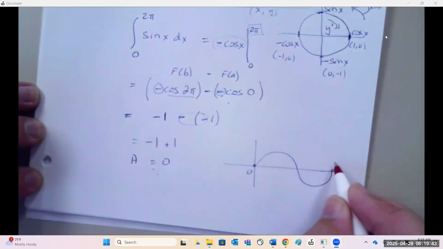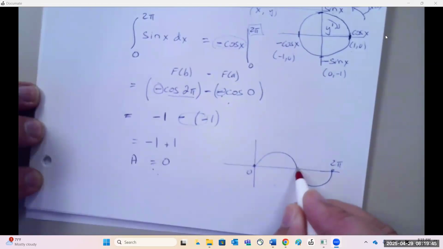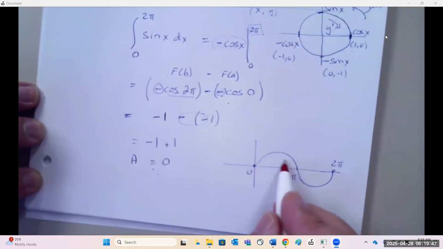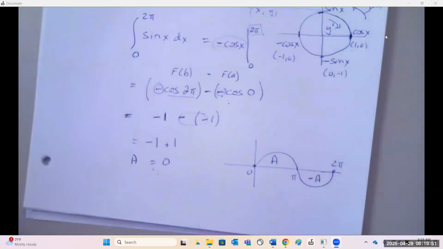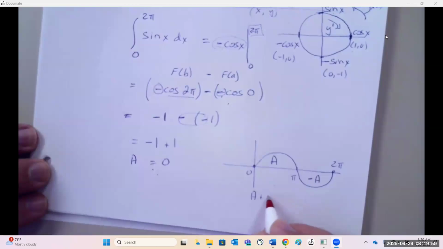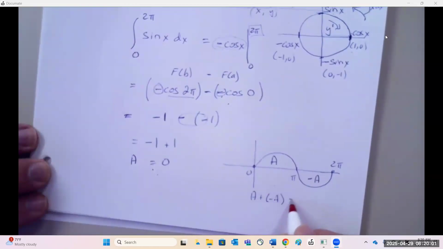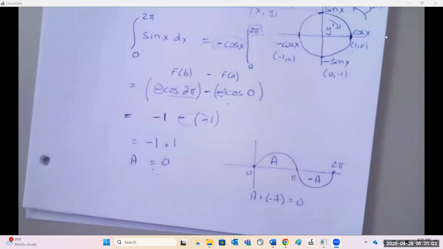From 0 to 2 pi, we have area above it and we have area below the x-axis, and they're equal. If I added them, what would happen? A plus negative a equals 0. Whenever you have an answer come out to be 0, then we know that it cancels out.